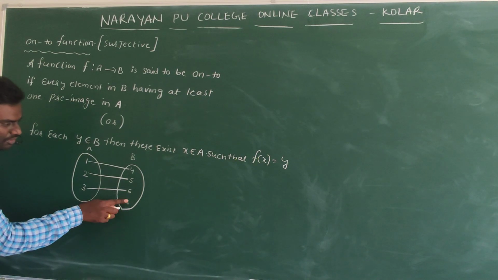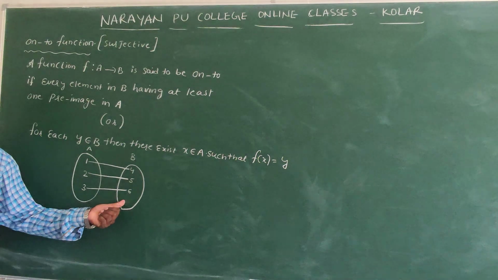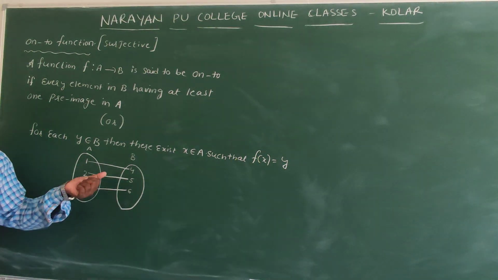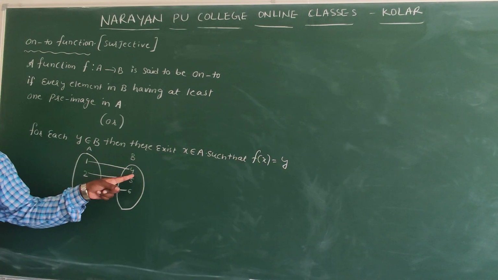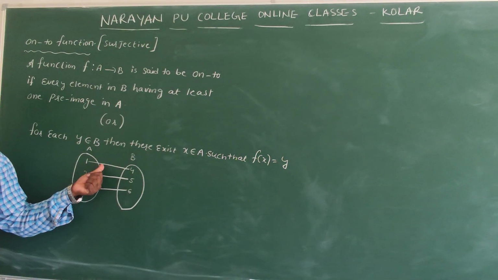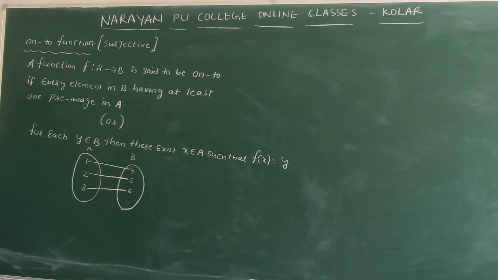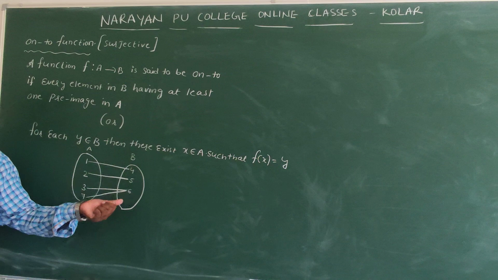For example, if you remove 7, now it can be considered as onto function because every element in codomain having at least one pre-image in the domain. For example, here I am taking 7. Now this 7 is related to 6. It is also called as onto function.